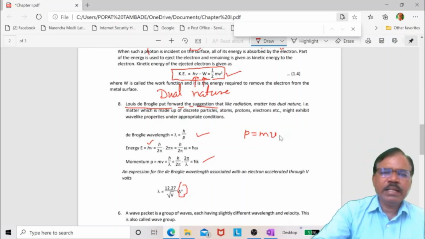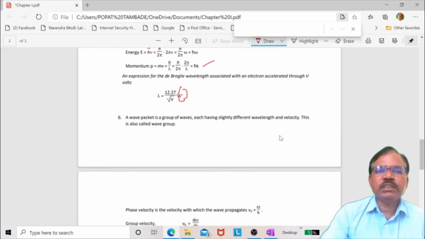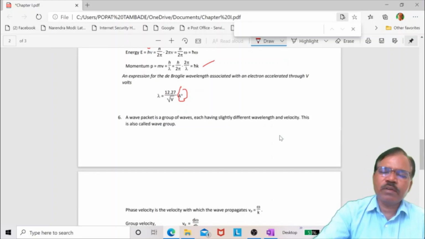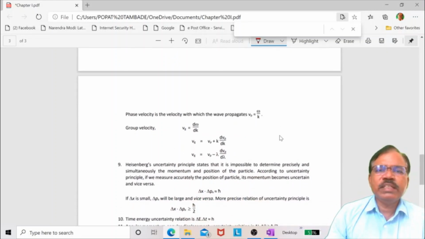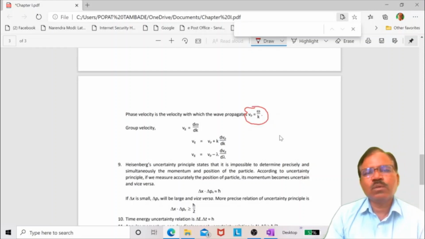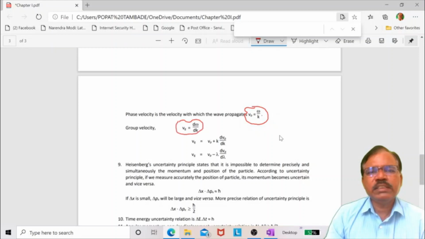A wave packet is a group of waves each having slightly different wavelength and velocity. This is called a wave group. The phase velocity with which the wave propagates is omega upon k, Vp is equal to omega upon k, and group velocity is given as Vg is equal to d omega by dk.